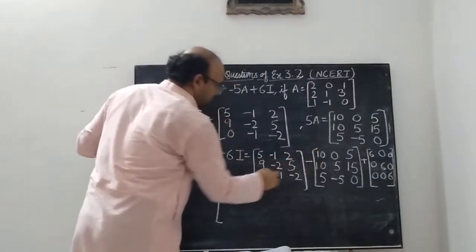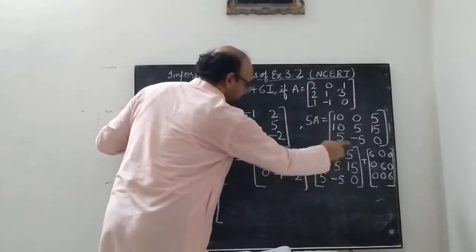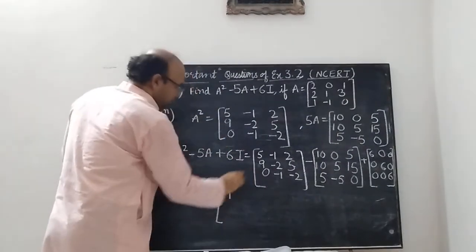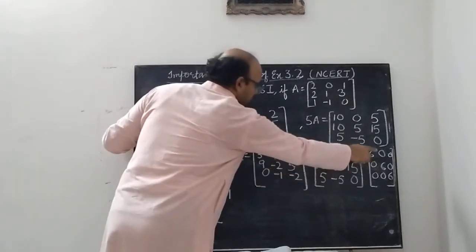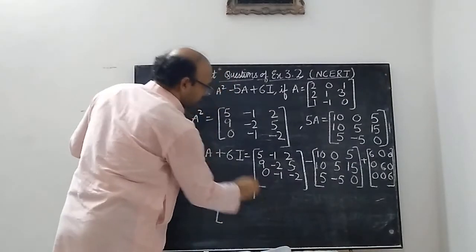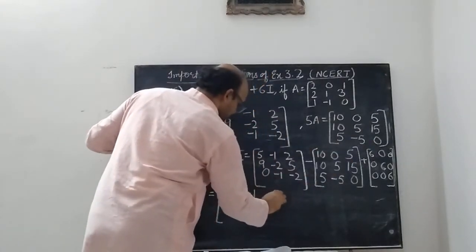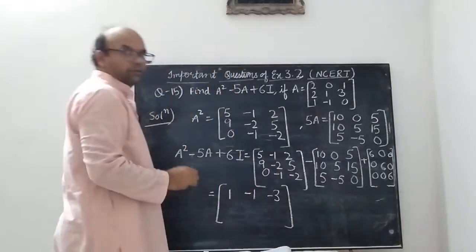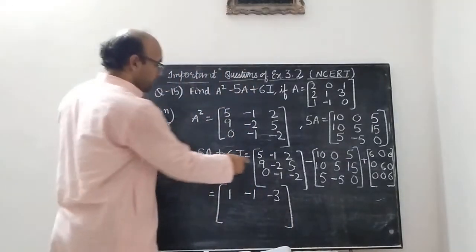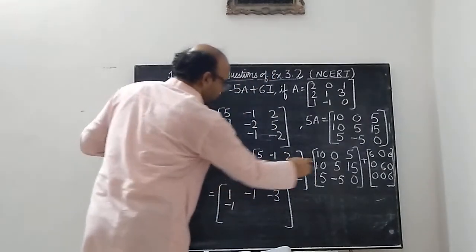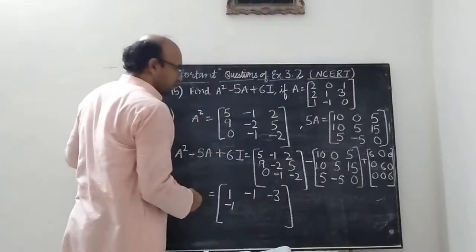5 minus 10 is minus 5 plus 6 is 1. Minus 1, rest of the elements are 0. 2 minus 5 is minus 3. So we get minus 3 over here. Now 9 minus 10 is minus 1. Minus 2 minus 5 is minus 7.